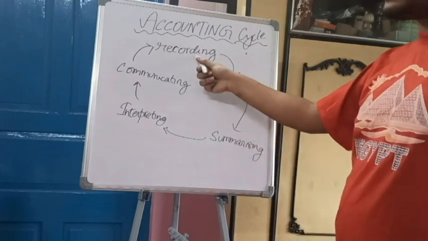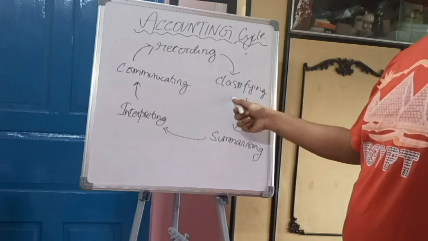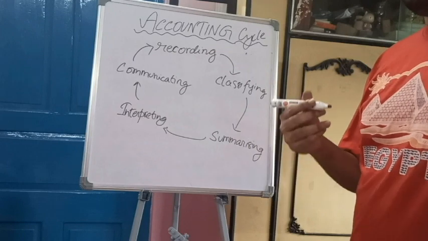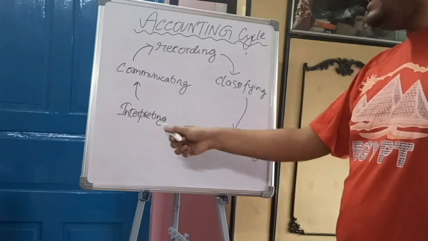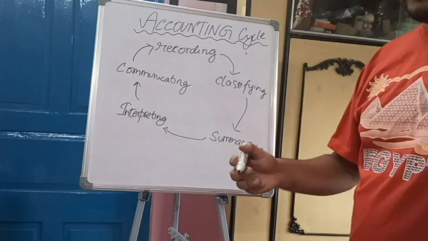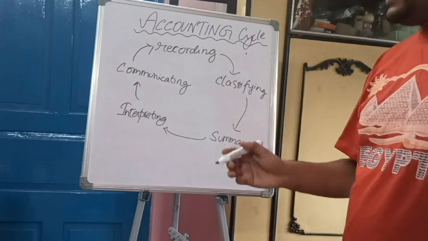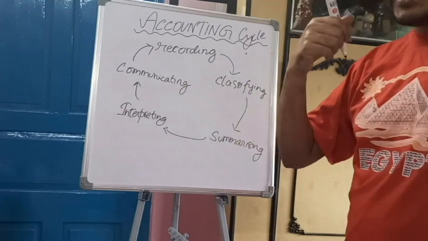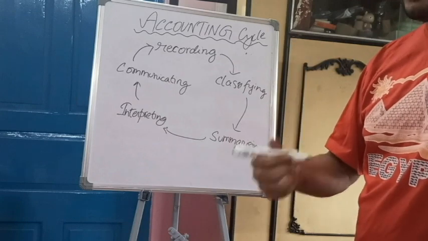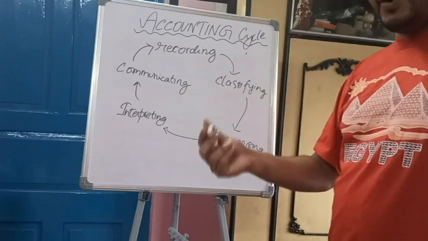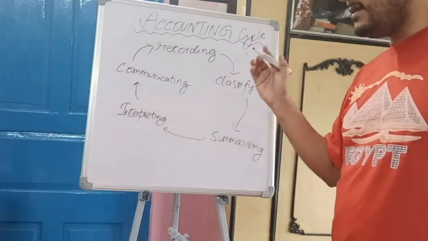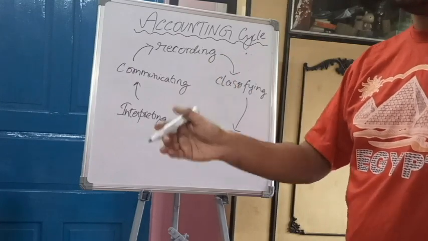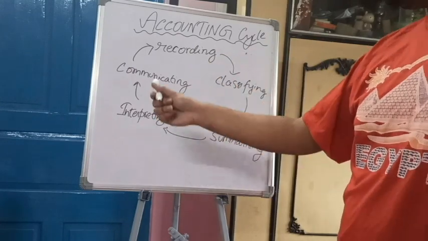Recording what? Financial transactions, classifying them or posting them into ledger accounts, then summarizing them, that means preparing the trading and profit and loss account and balance sheet, and then interpreting what it shows in regard to the concern, and finally communicating it to the users, for decision making purposes, whether they are willing or able to invest in the company or not, or knowing the position the company is in, as they are the interested parties, the users.